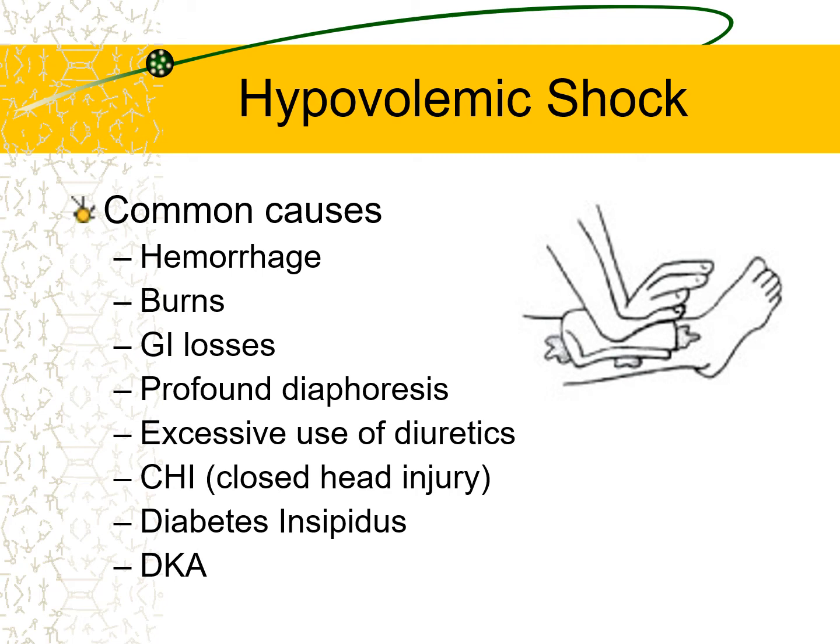But here's another one which may not have crossed your mind. And that's something we have to think about in the hospital, because excessive use of diuretics can actually put our patient into a hypovolemic shock. If they are losing so much fluid through the diuresis process that they have a decrease in circulating volume, then they can go into a hypovolemic shock.